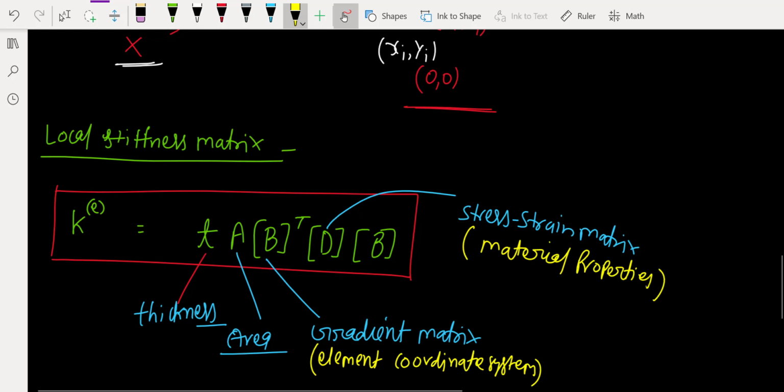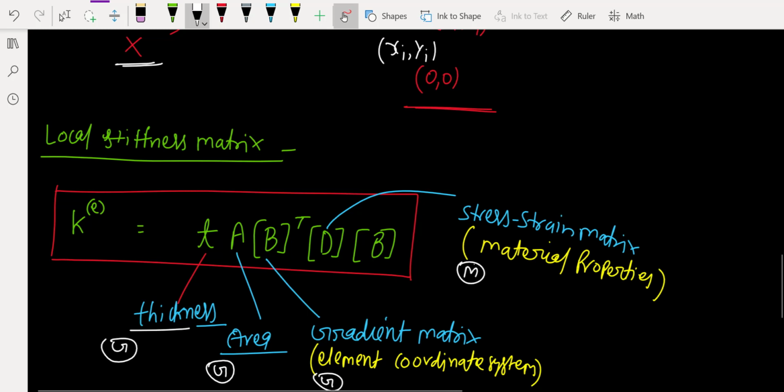So this local stiffness matrix requires all the information. Thickness is your geometrical information. Area is from geometrical information. The gradient matrix is from the element coordinates, so again you need the geometrical information, and then finally the stress strain matrix from the material properties.